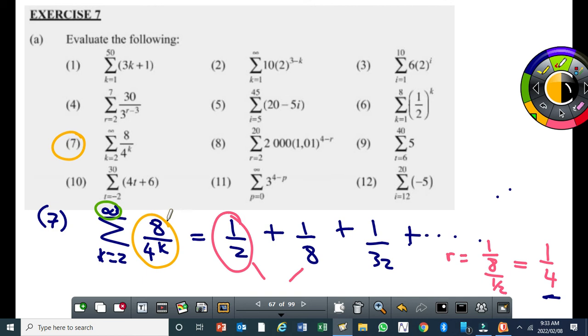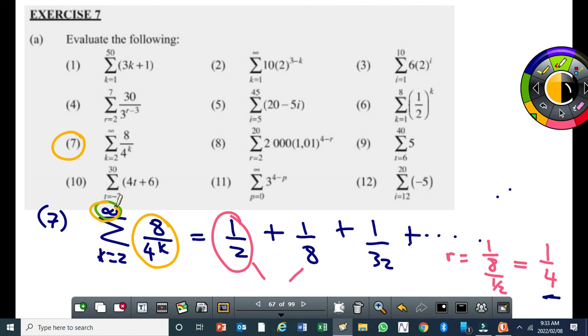If you see an exponent and a sigma, that's a geometric series. But then we have this infinity on top of the sigma. That's a clue that you are dealing with a sum to infinity. We don't know the total number of terms.